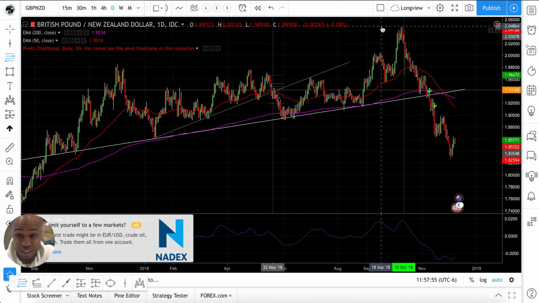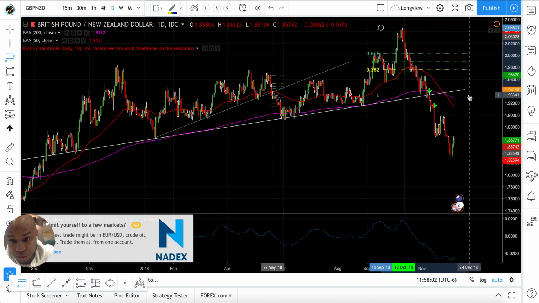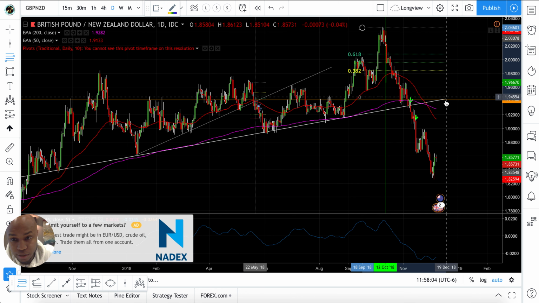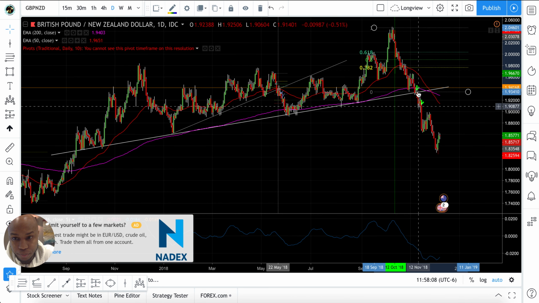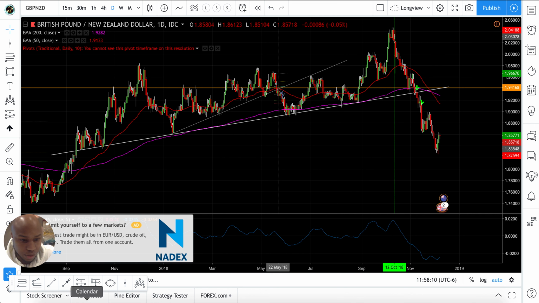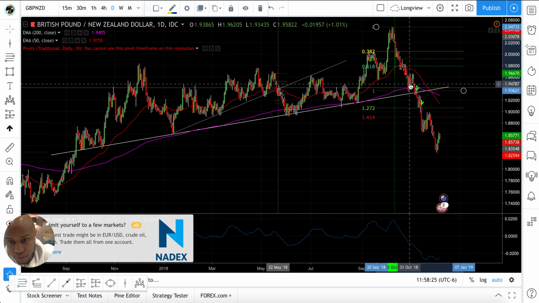Man, I have a hard time, I'm not gonna lie. I draw my fibs and I love my fibs. We could even do this and kind of look at that back. But getting that extension just right is really frustrating for me. I mess it up quite a bit. So even if I draw here, I can see some extension going down. But that's not the first area I picked.